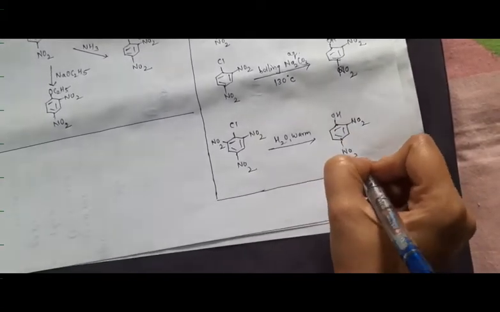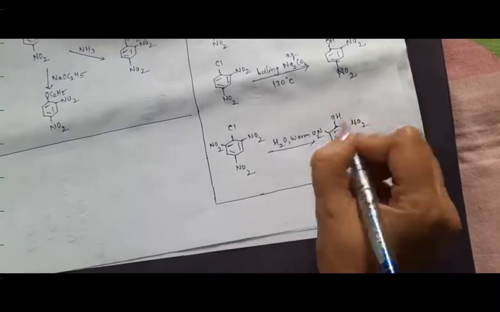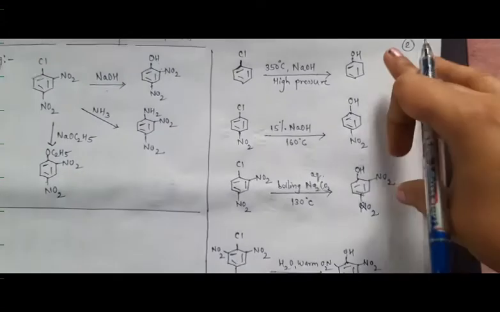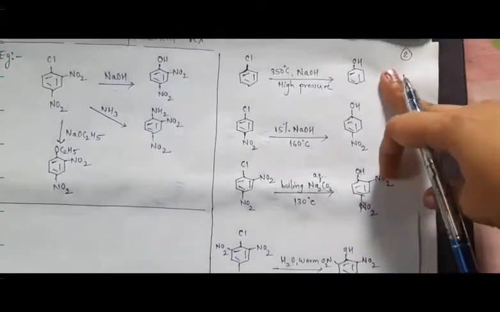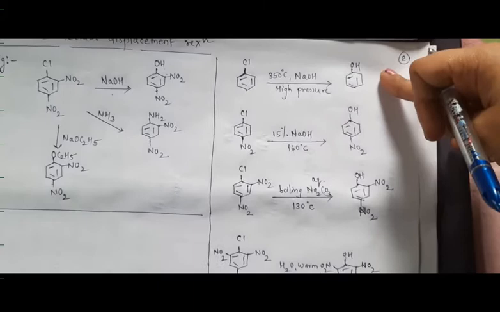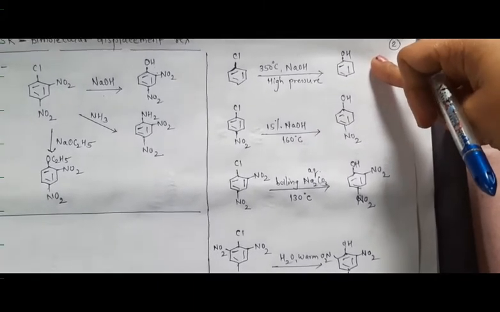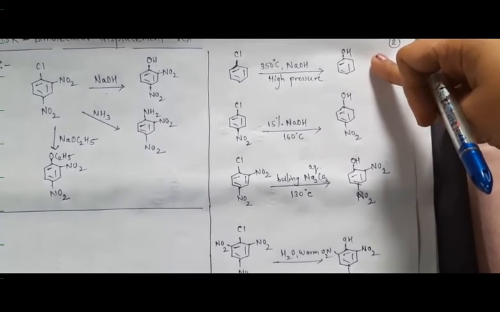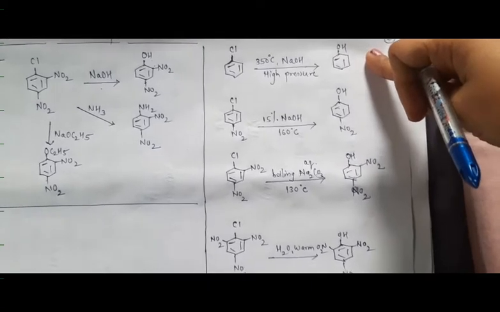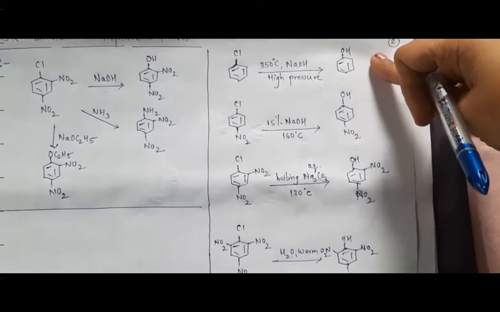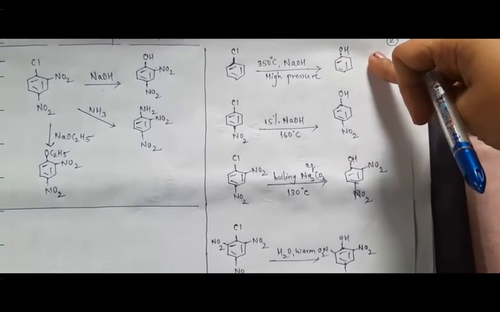So what I have done in all these four reactions is, I have replaced Cl with the nucleophile, that is OH. Now I want you to observe these reactions as far as the reaction conditions which are written on the arrow. If I just consider aryl halide, I have my reaction conditions comparatively very stringent, where NaOH is used at 350 degrees Celsius and at high pressure.